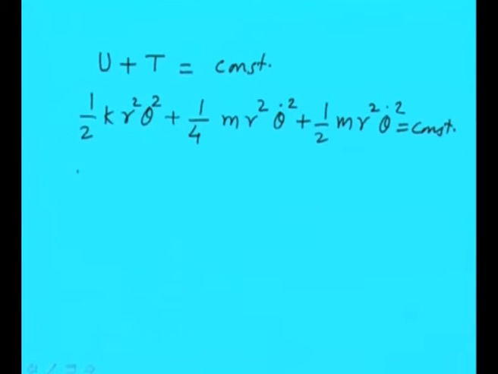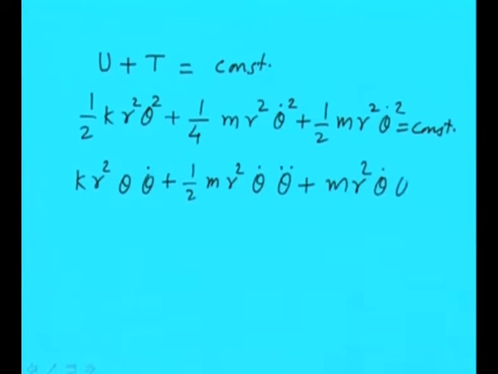So let us differentiate this. So this will be k r square theta theta dot plus half m r square theta dot theta double dot plus m r square theta dot theta double dot is equal to 0.